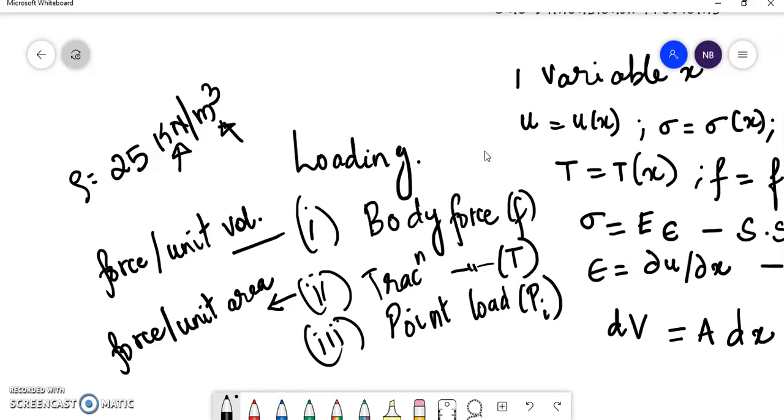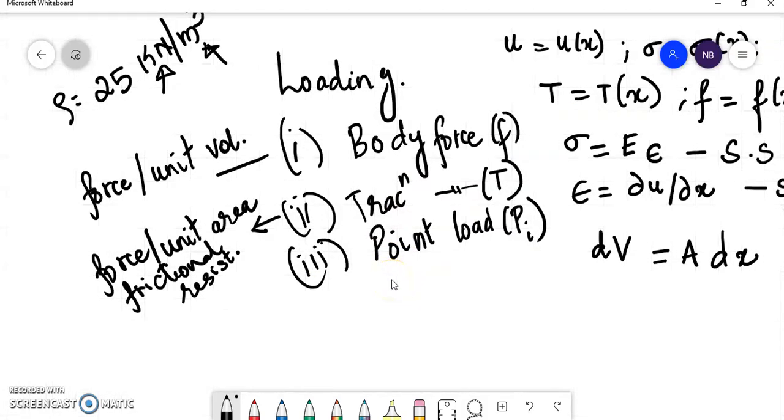Examples of traction force are frictional resistance, viscous drag, and surface shear. Pi, the point force, is nothing but a force which is acting at a point i. And if we want to define the displacement at the point i, we denote it by ui. It is the x displacement at the point i.